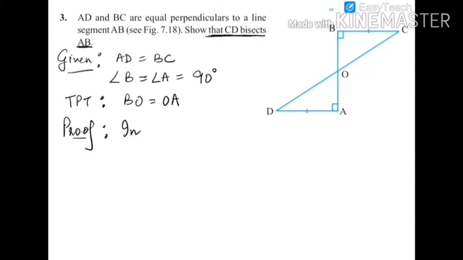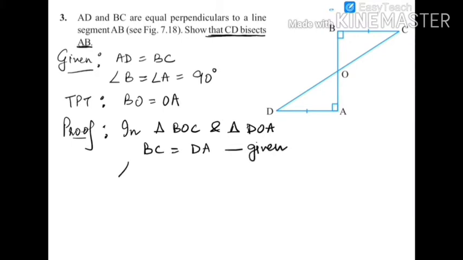Start by mentioning the triangles that you have to prove congruent. So in triangle BOC and triangle DOA, BC is equal to DA, that is already given. Angle B is equal to angle A, which is also given, each is 90, as BC is perpendicular to AB and AD is also perpendicular to AB.